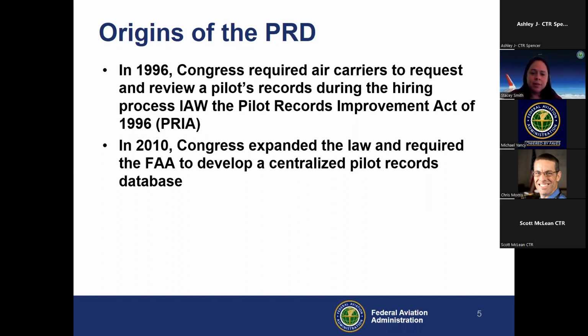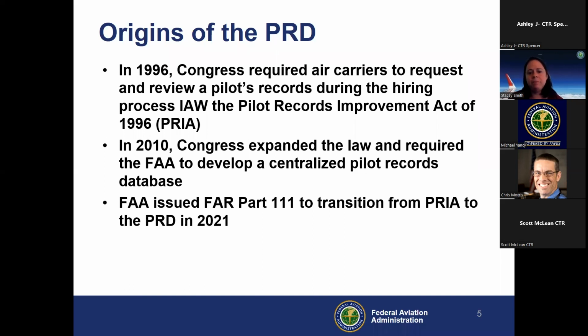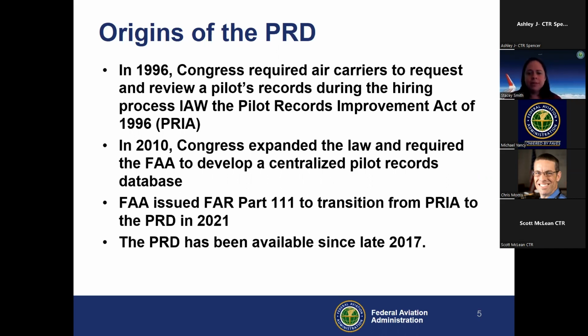Its intent was to solve the challenges and issues with record sharing under the PRIA Act. In 2010, the FAA issued Part 111 to help transition over the next few years from PRIA over to PRD. As of today, the PRD has been available since late 2017.